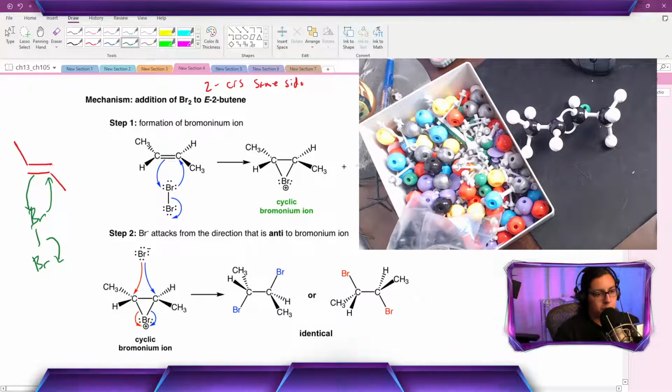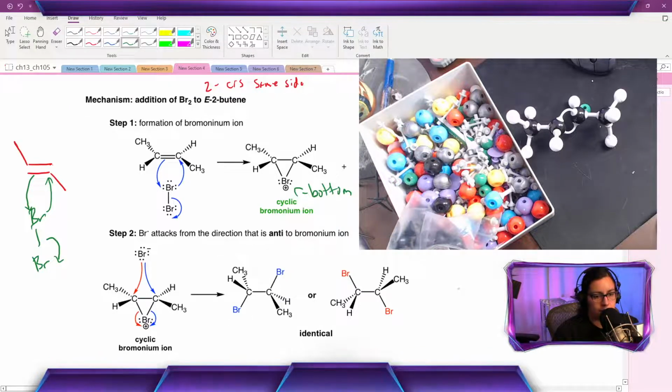And if this is on bottom, this means that now this other bromine is going to finish the reaction and attacks from the direction that is anti. So it's going to come in from the top, right? And then it could either attack here. That's going to, of course, break this bond and give us this product, or give us this product.